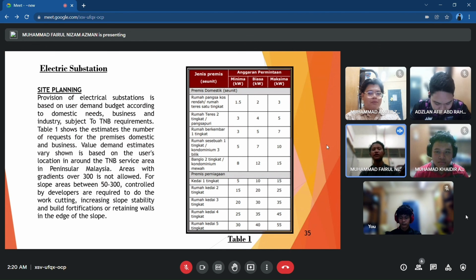For the site plan, the provision of electrical substations is based on user demands and budget according to domestic, business and industry needs, subject to TNB requirements. Level 1 shows the estimated number of requests for premises, domestic and business. Demand estimates vary based on the user's location around the TNB service area in Peninsular Malaysia.